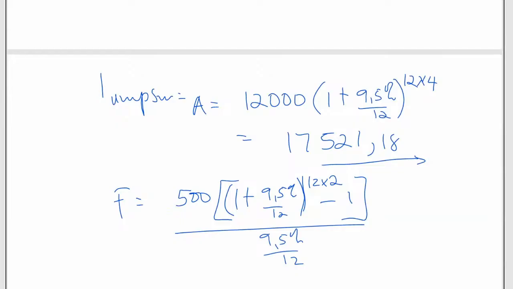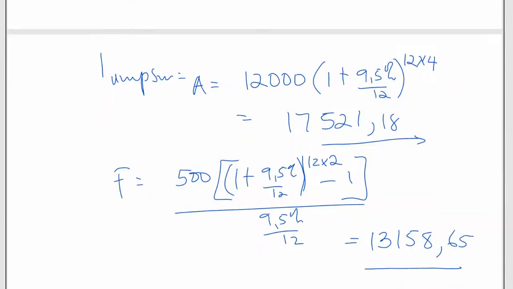Okay, substitute that into the formula. 500 into 1 plus 9.5% over 12, to the exponent of, I'll say 24. And then we subtract 1, divided by 9.5% over 12. So this gives me 13,158.65.